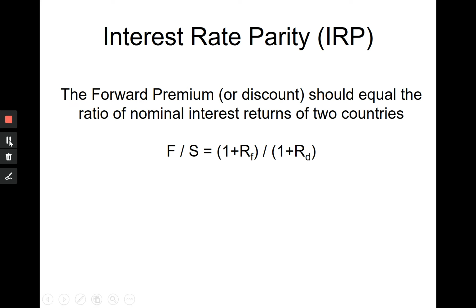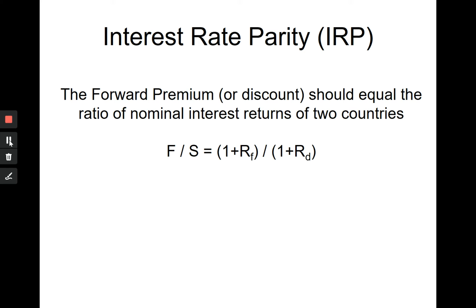So in this lecture, we look at a relationship or equality between interest rates of two countries and their foreign currency rates over time. It turns out that this relationship is one of the most trustworthy relationships about foreign currency prices.